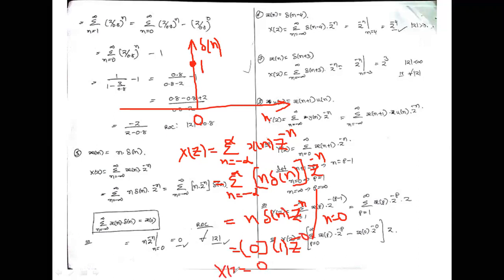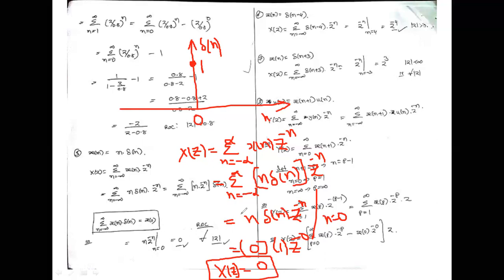So X(z) is 0. What is the ROC? The entire z plane. For any value of z, X(z) is 0. No change in the function X(z) for any value of z. So the ROC is the entire z plane. So X(z) is equal to 0 for n delta of n.